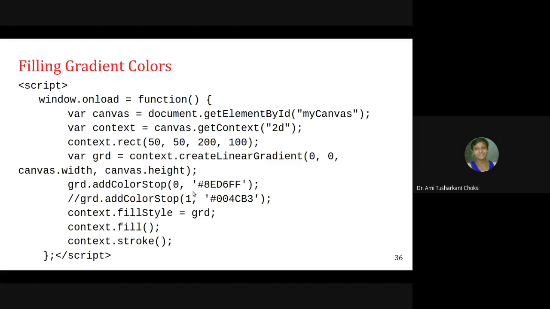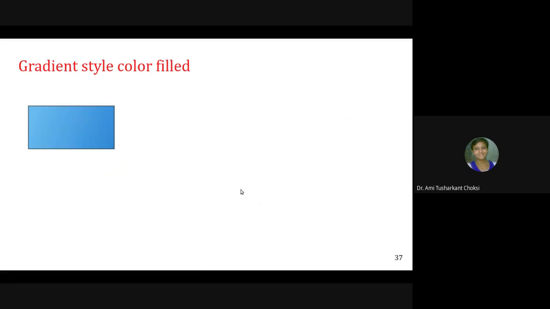Then after, what we are saying is we are specifying the gradient, whatever is the default 0 you can say, and then after you can say it is this particular color which is similar to this blue color, right? So from 0 white to bluish color, it is having the linear gradient, right?